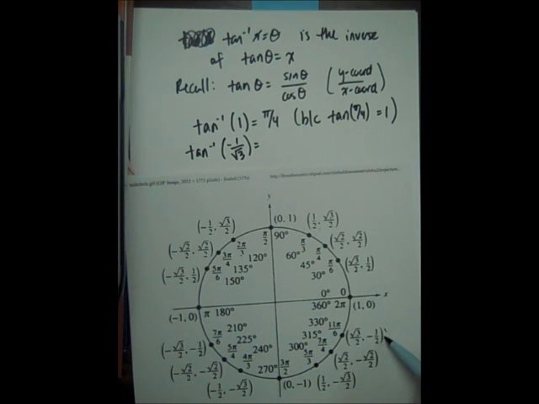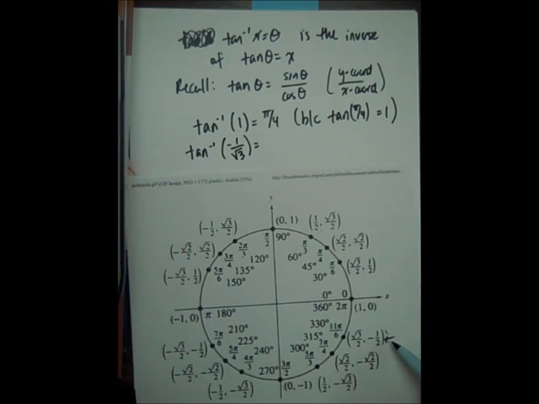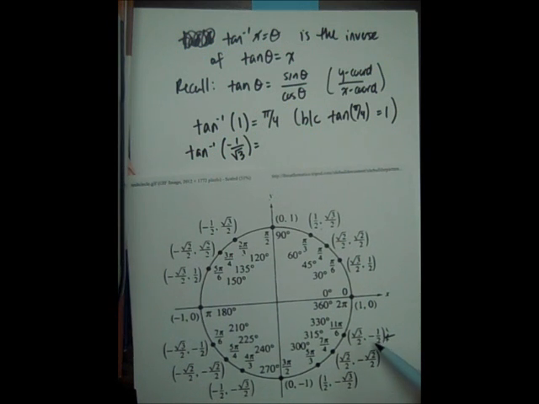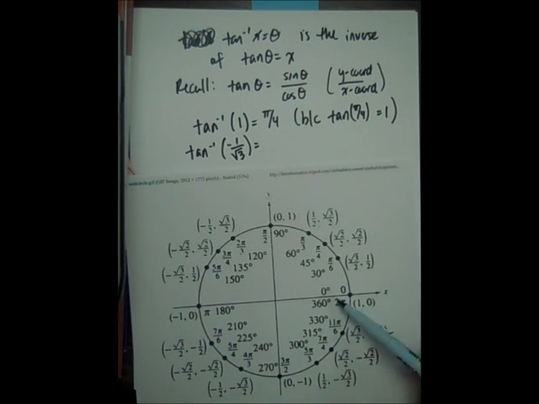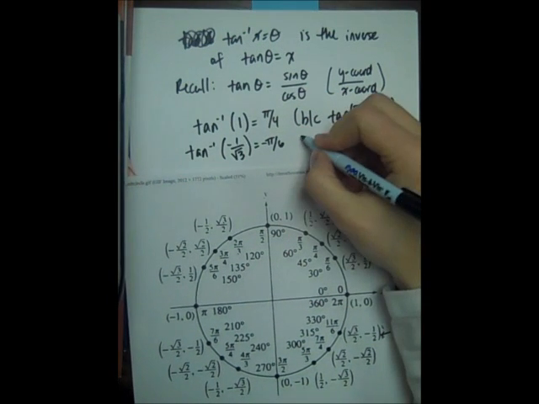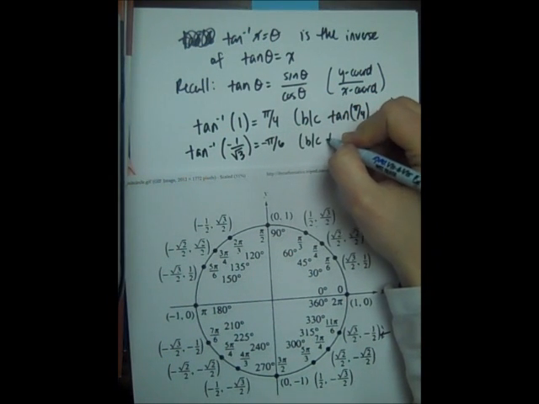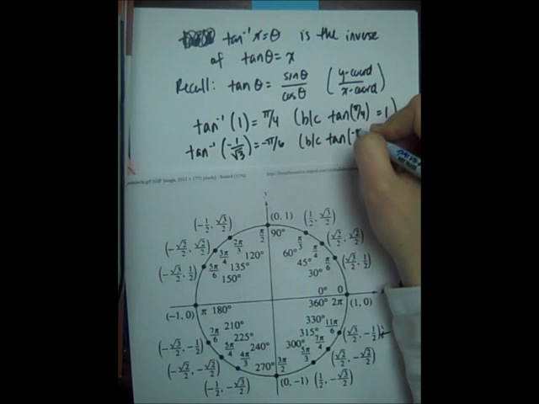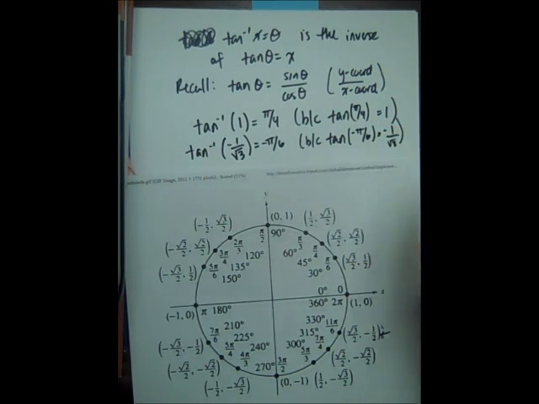Well, how about this point here? What happens if I divide negative 1/2 by the square root of 3 over 2? I get negative 1 over the square root of 3. What's that angle there? That's 11 pi over 6, but remember, we don't put 11 pi over 6. We measure this from pi over 2 and then negative pi over 2. So this is negative pi over 6. And this is because tangent of negative pi over 6 is negative 1 over the square root of 3.